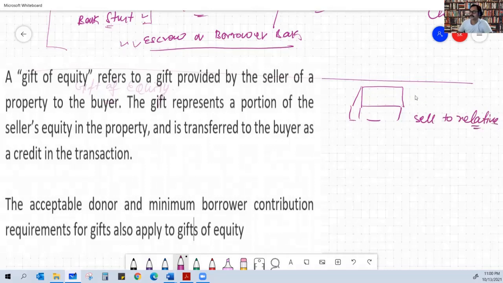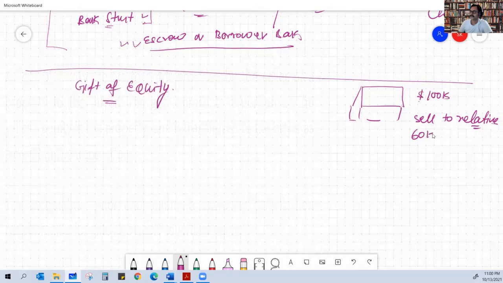So let's say the property value is 100,000, and there is a 60,000 loan going on this property. I'm just giving you an example.